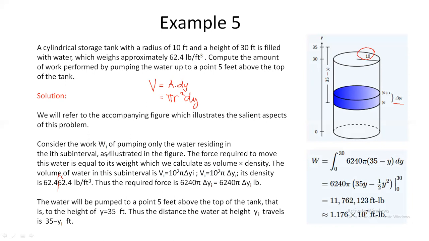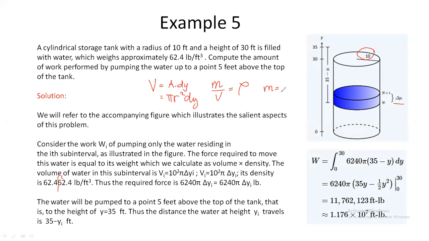So mass over volume is equal to the density. If you cross multiply the volume and the density, you'll have the mass, which is equivalent in this case to the force that is needed to lift this differential volume of water to the height that is indicated.